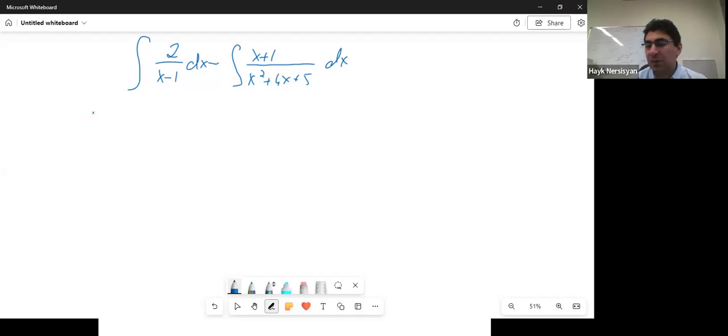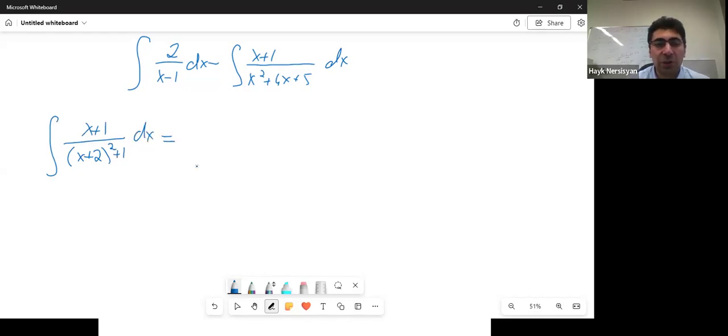Here, the trick is completing square. So we have to integrate x plus 1 divided by, if we complete square, we'll get x plus 2 squared plus 1 dx.